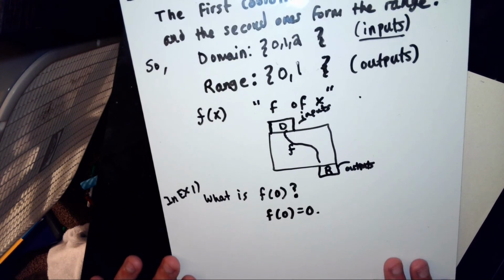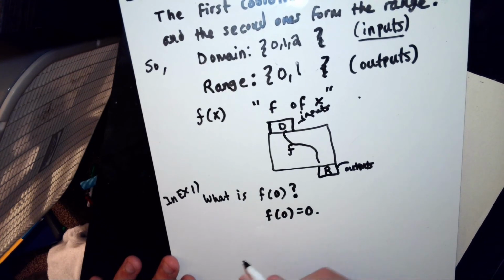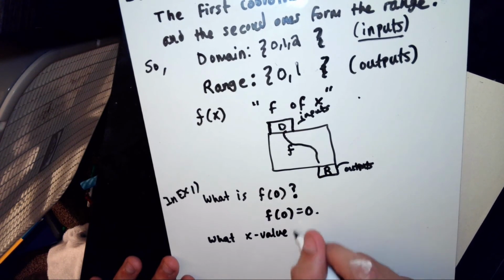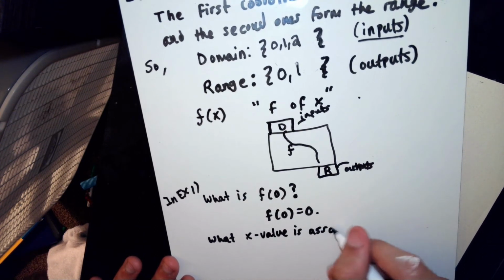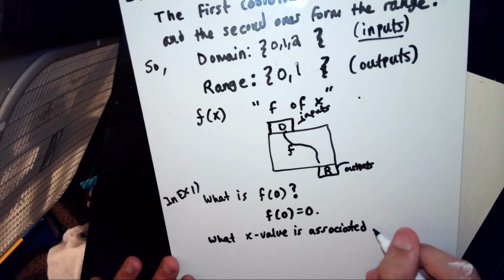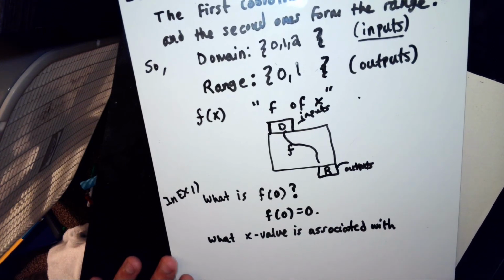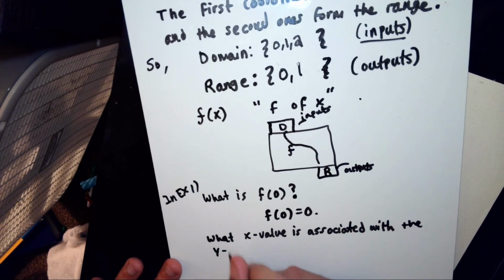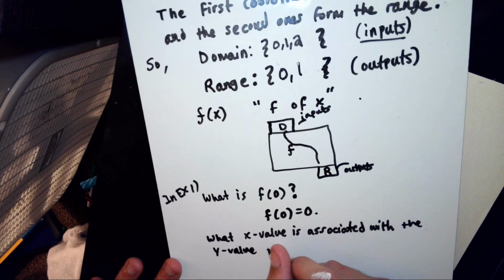Now they could ask you the reverse question. They could ask what x value is associated with the y value of 1.